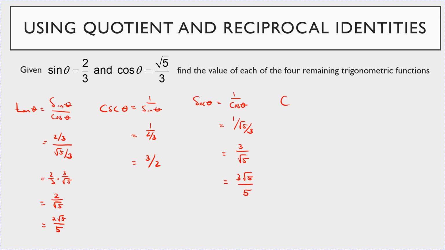And then finally, cotangent of theta. What is cotangent of theta? Cotangent of theta is just 1 over tangent. Okay, and look, tangent was down here, so this is 1 divided by 2 square roots of 5 divided by 5. Keep, change, flip.